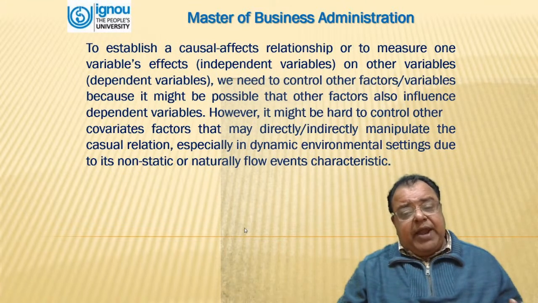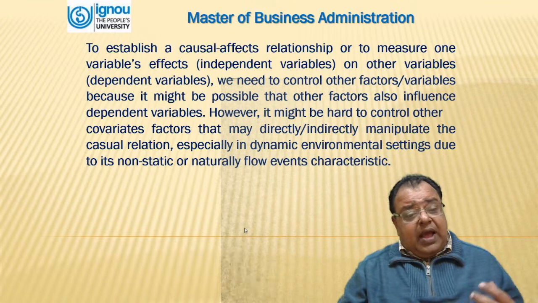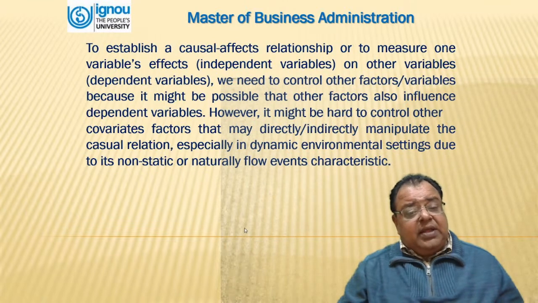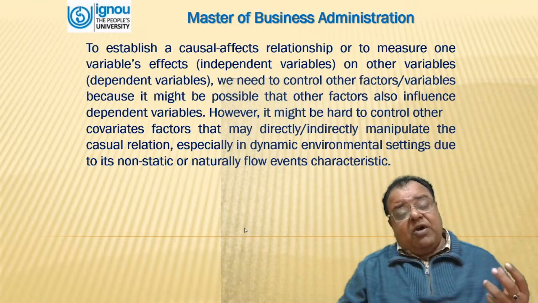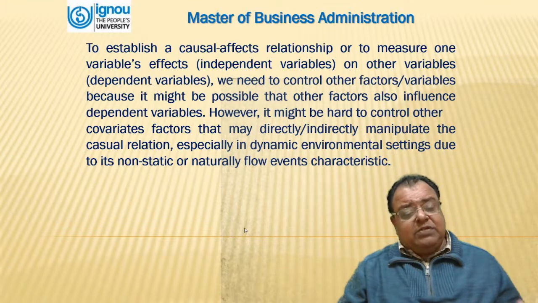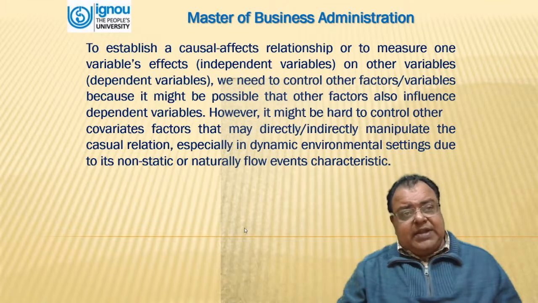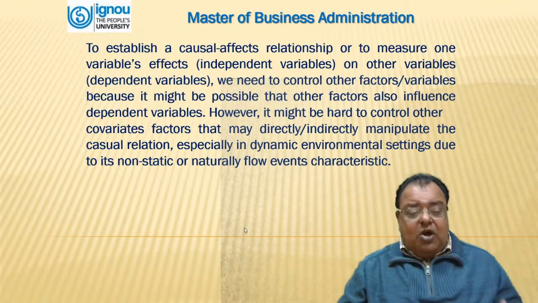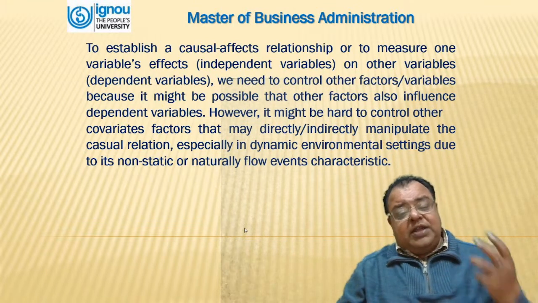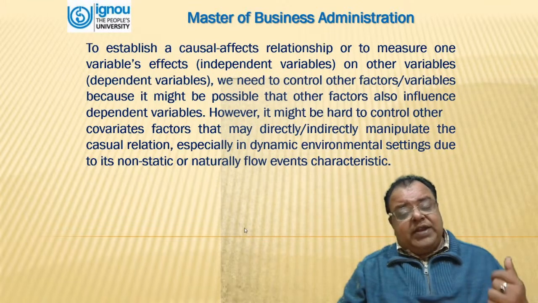However, it might be hard to control other covariate factors that may directly or indirectly manipulate the causal relation, especially in a dynamic environmental setting due to its non-static or naturally flowing event characteristics.